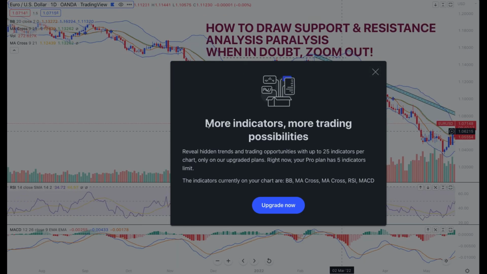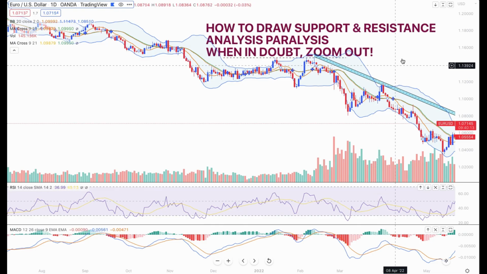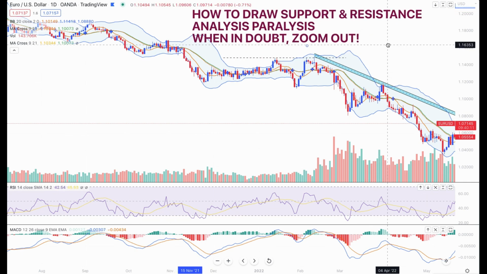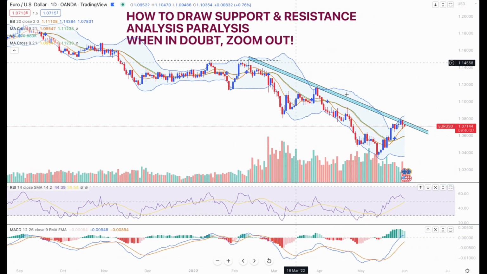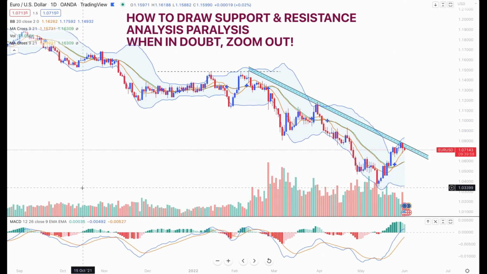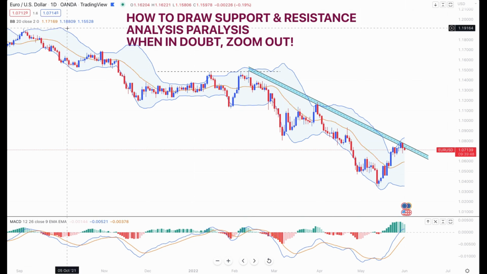Even TradingView says more indicators, we've got to upgrade. But there are a lot of traders out there that end up putting so much onto a screen. And to me, this does not look clear. This is messy, messy, messy. So I like to remove all of this and keep things as neat as possible. Delete, delete, delete.